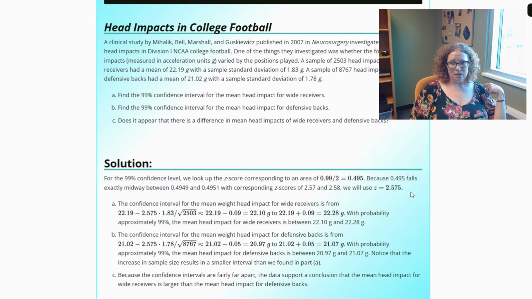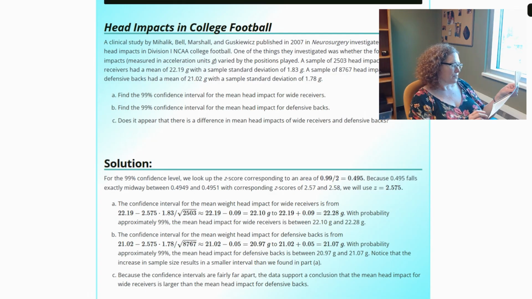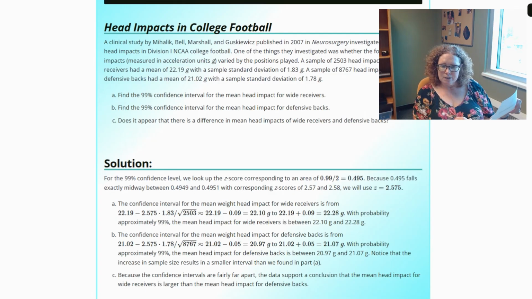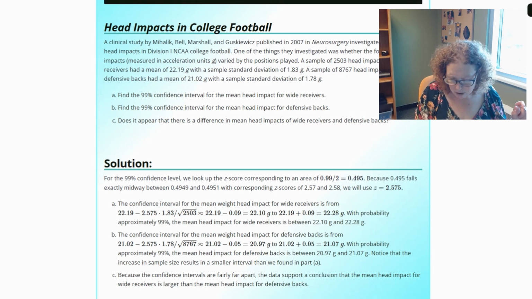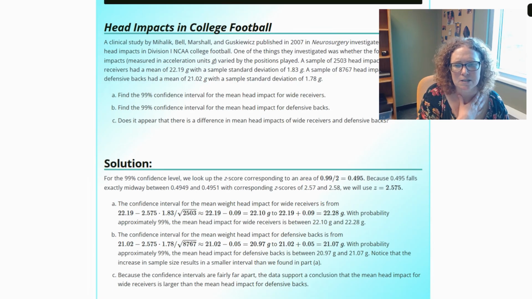Then we, again, look at our little handy-dandy chart. 0.495 is on the next page, and it looks like 2.54, 2.55, somewhere around there. Okay, and then we figure it out based on having that.